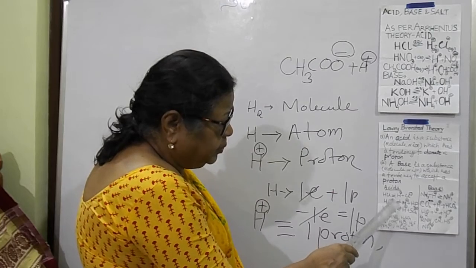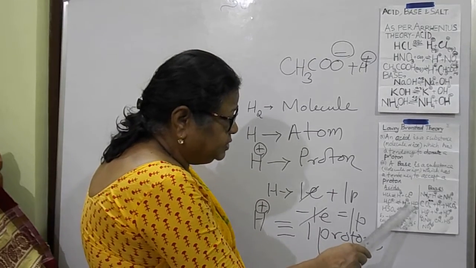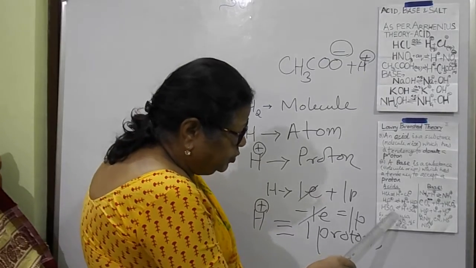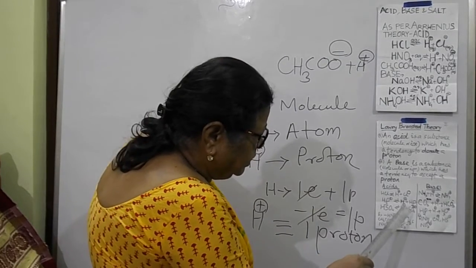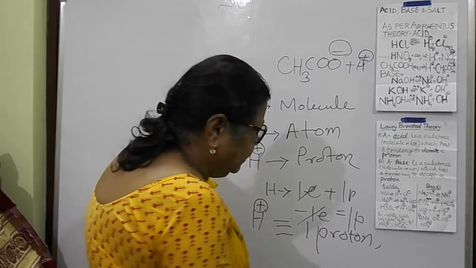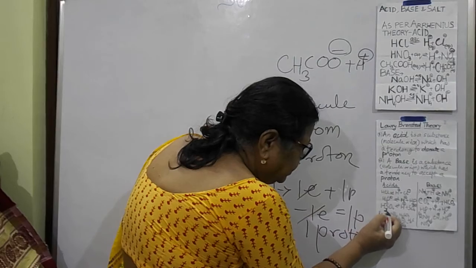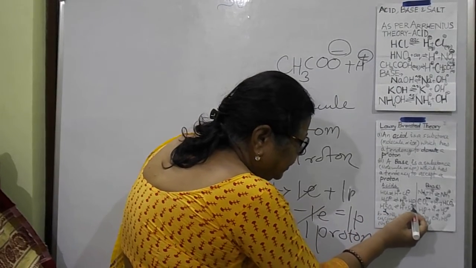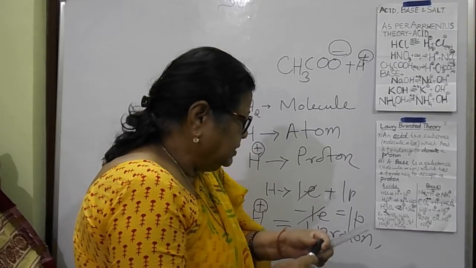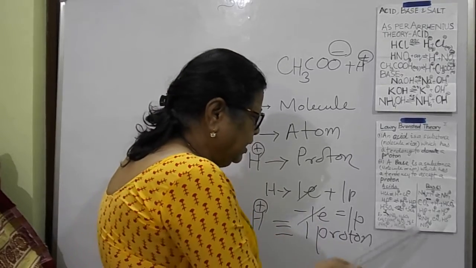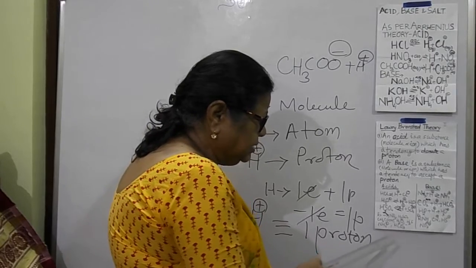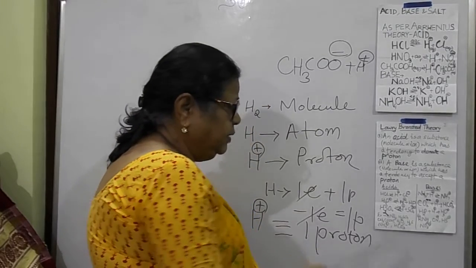Similarly, H3O plus ion gives H plus and H2O. Then HSO4 minus ion. H2SO4 acid gives H plus and HSO4 minus ion. Other examples are HNO3, H2SO4, CH3COOH, water, H2S, NH4 plus, HCO3 minus.